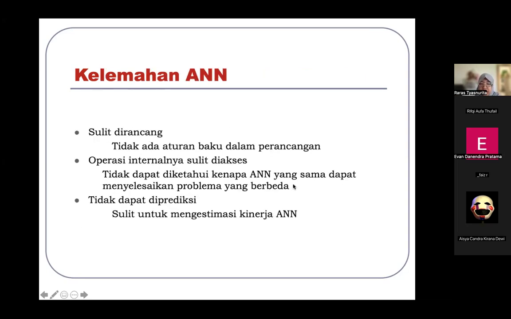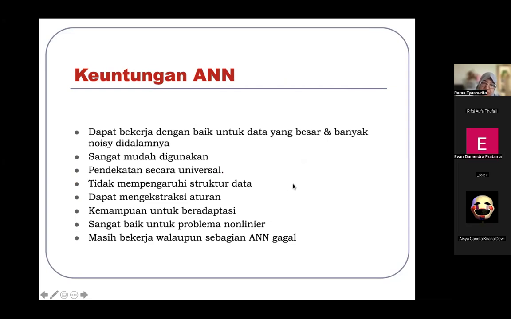Right, so even the artificial neural network has advantages and disadvantages. The advantage is that it's really good for big data, especially data that has a lot of noise in it, and it's easy to use. And neural networks have this way to generate the rules, right?